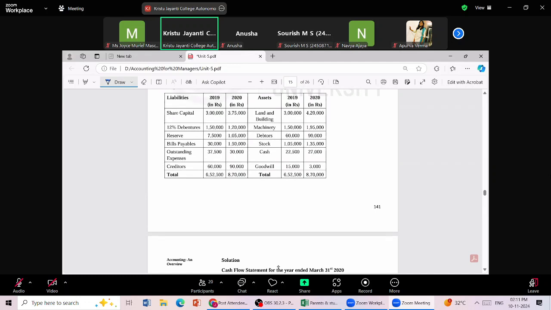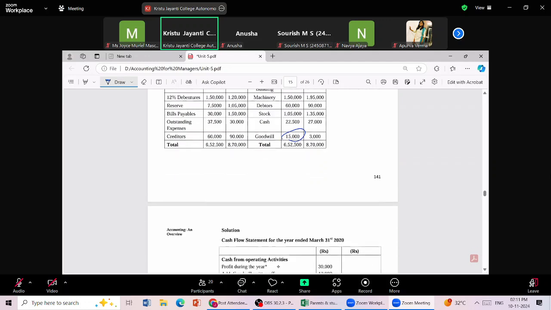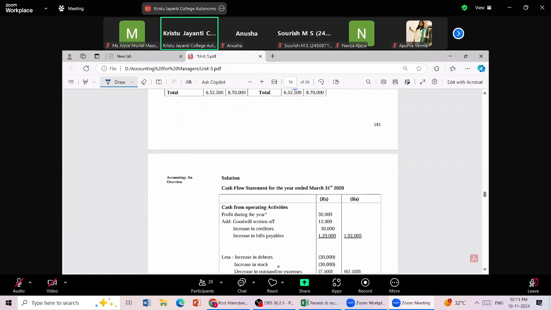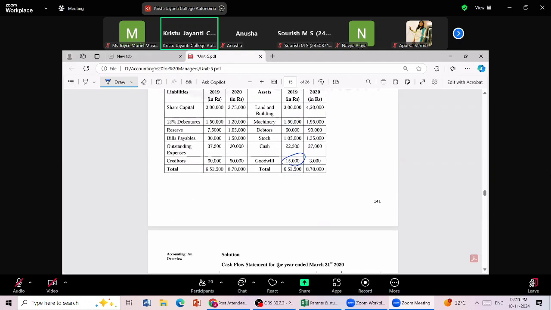First goodwill. Goodwill in the previous year 19 is 15,000, whereas in 20 it is 3,000 rupees. So the difference is 12,000. The asset has come down, so it is added. Next item is debtors. Last year it was 60,000 and the current year it is 90,000.